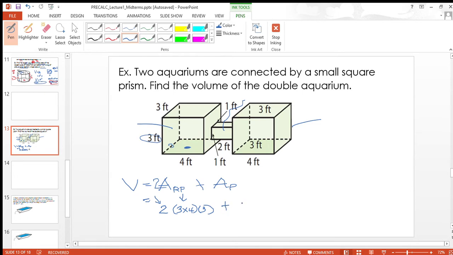But how about our connecting prism? What do we know about the connecting prism? This is 1 foot. This is also 1 foot. This is 2 feet.